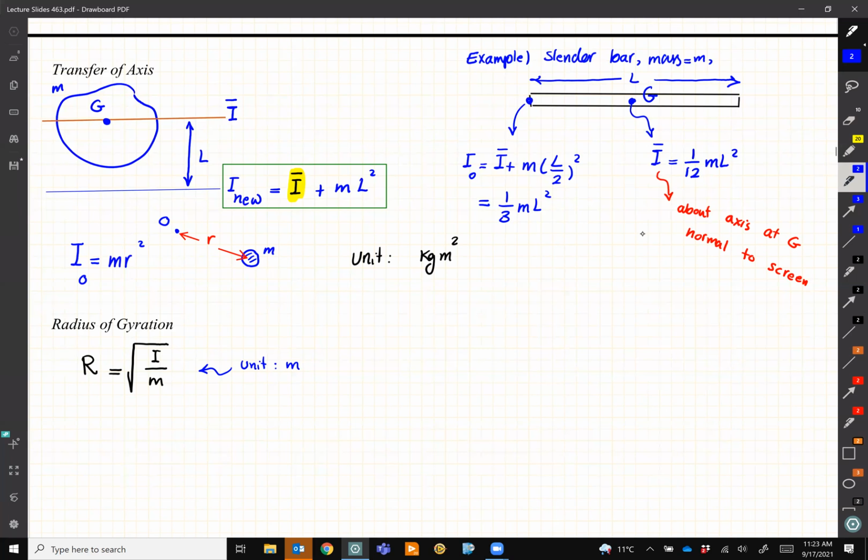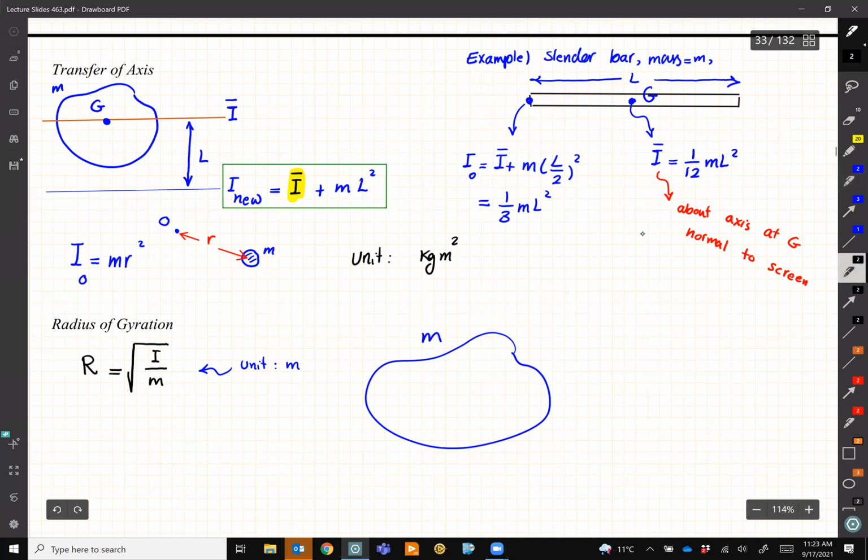Right? So conceptually, if you want to get a feeling for what is radius of gyration, think about it like this. Let's say I have a mass M and it has a center of gravity G, all right? And let's say it has a moment of inertia I about G, coming out of the screen, okay?